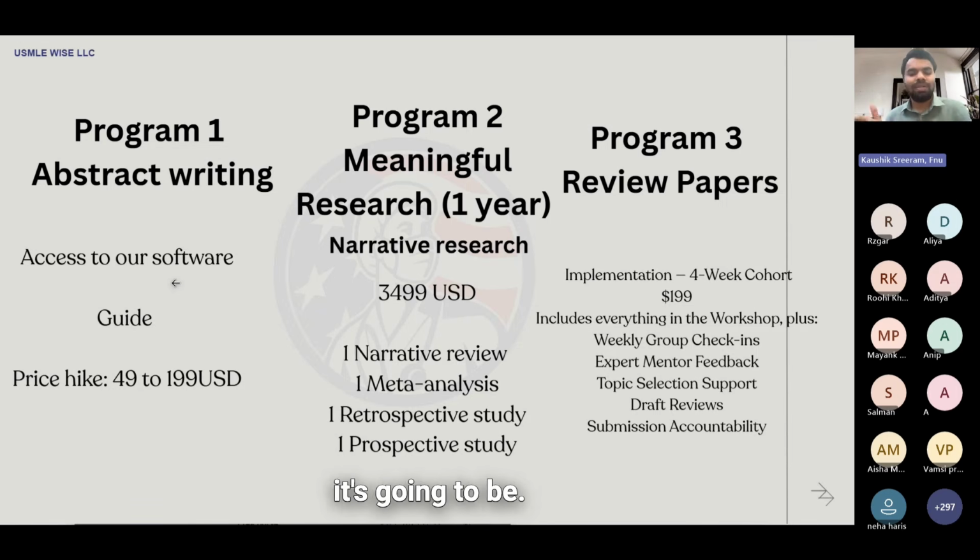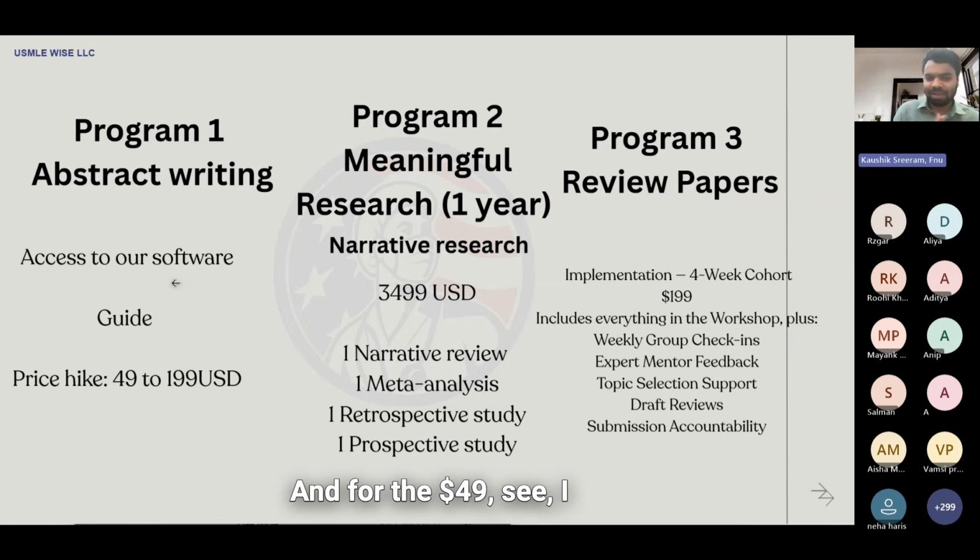You'll be in a group of around 5-6 people, and in the ideal scenario, you will get your publication within around 2.5 months. That is the expected timeline. So those are the three different programs that we have.